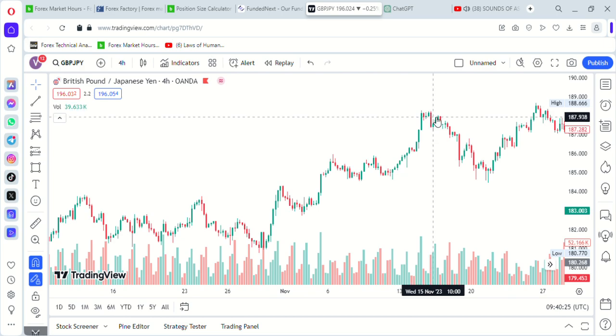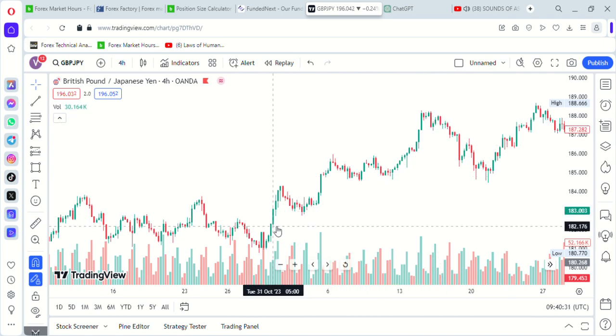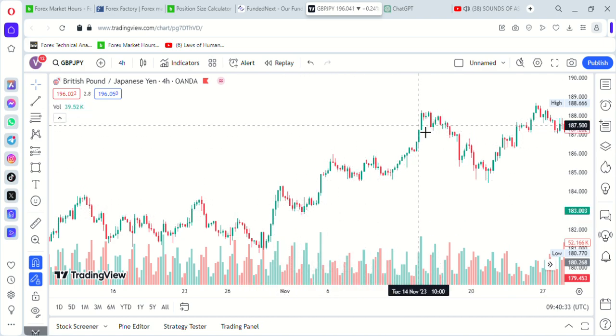The next one, we call a higher low, because the market came down here. So like I said, one of the things you will decide is the trend of the market. If the market is making higher highs, there is an uptrend, you just focus on buying, don't sell.